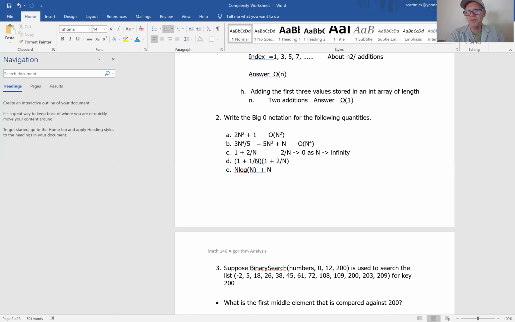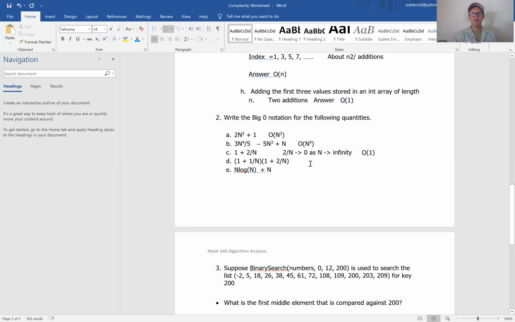Even for what I would consider small values of n, 2 over n is really insignificant. So in this case, because the n is in the denominator, the answer is order 1. 1 is the dominant term.